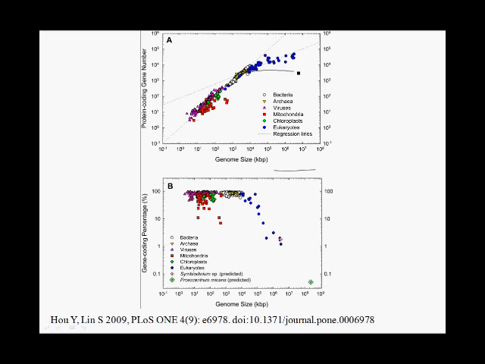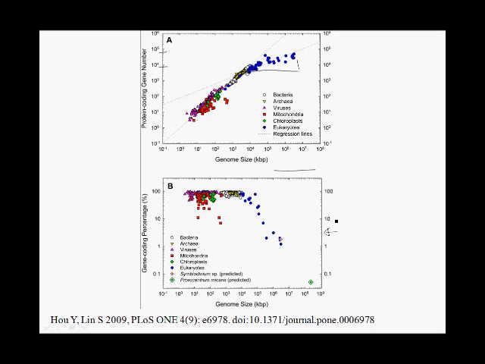So you can see that there is a wide variation in eukaryotic genome size. But if you look on the y-axis, there is considerably less diversity in the number of protein coding genes.